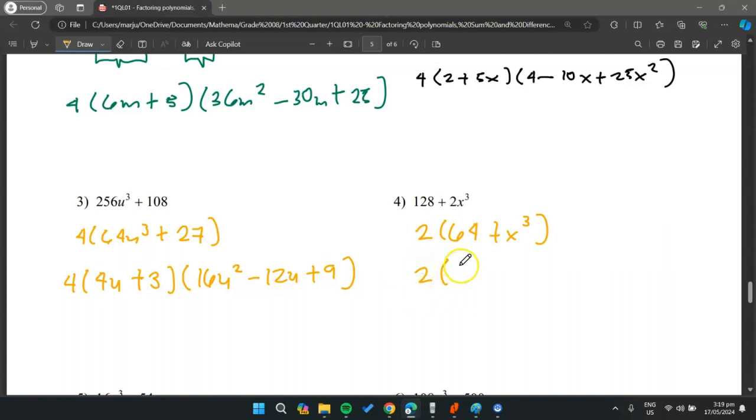Alright, that's 4. And then plus the cube root of x cube is just x, times the square of 4 is 16, minus the product, 4x, plus the square of that, x squared. So that will be our answer for number 4.